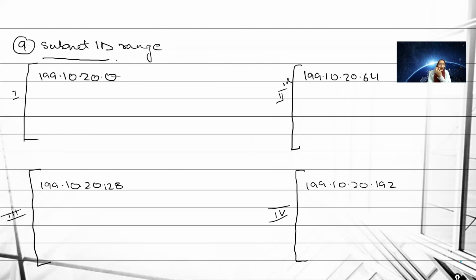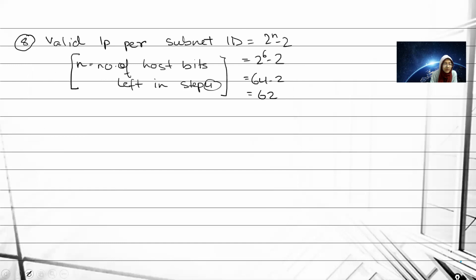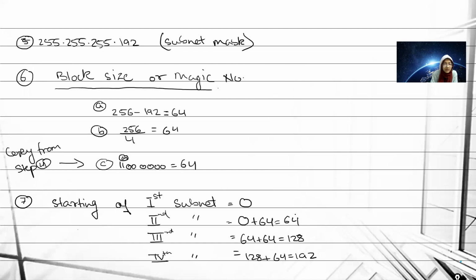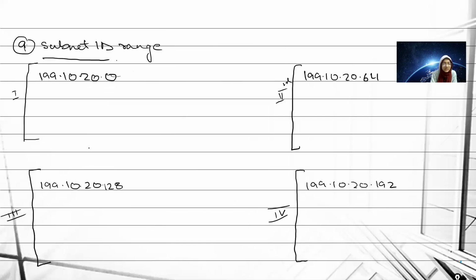Some people might have guessed where I got these numbers from. We got these from step 7. These numbers, we'll just copy paste there. So this is the first subnet, second, third, and fourth. I guess no one is confused now.